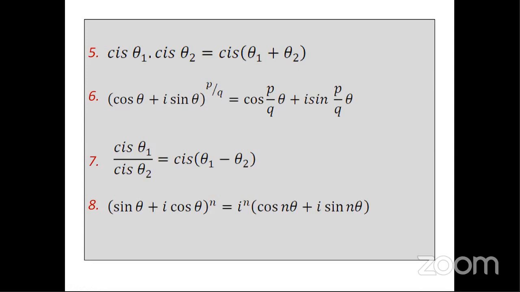We'll look into a problem. If a is equal to cis alpha, b is equal to cis beta, c is equal to cis gamma. These are three complex numbers which are given in modulus amplitude form, children. I want you to observe this carefully. We are not given a complex number in the form of x plus iy.